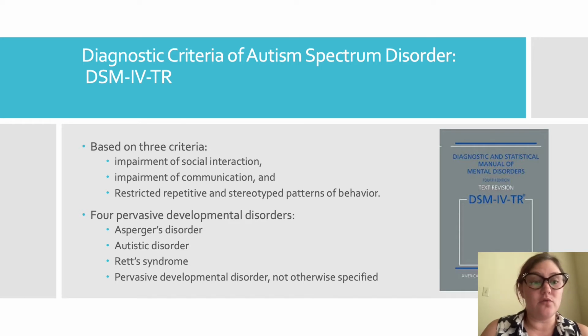And also, it wasn't called autism spectrum disorder in this version of the DSM. Instead, there was a category of disorders called pervasive developmental disorders, and those included Asperger's disorder, autistic disorder, Rett syndrome, and pervasive developmental disorder not otherwise specified.